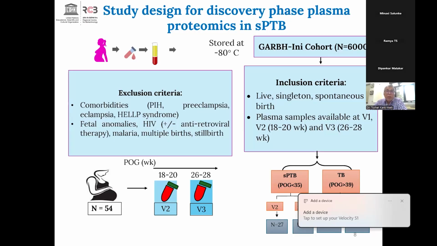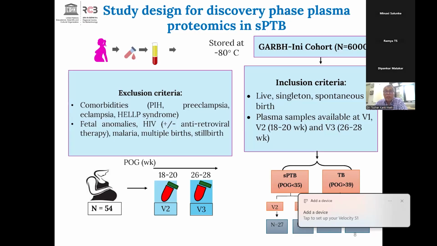We have taken the samples based on the inclusion and exclusion criteria mentioned here. The exclusion criteria are comorbidity, PIH, preeclampsia, and HELLP syndrome, fetal abnormalities, HIV, anti-retroviral therapy, malaria, multiple birth, and stillbirth. These conditions are excluded from the patients. The inclusion criteria are live single-tone spontaneous preterm birth, and plasma samples should be available at V1, V2, and V3.